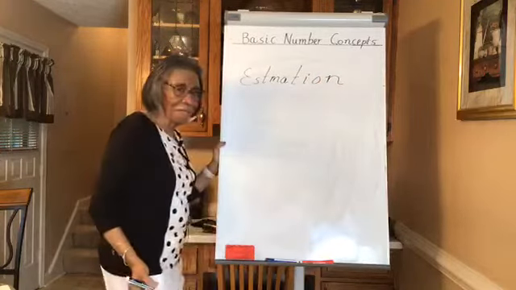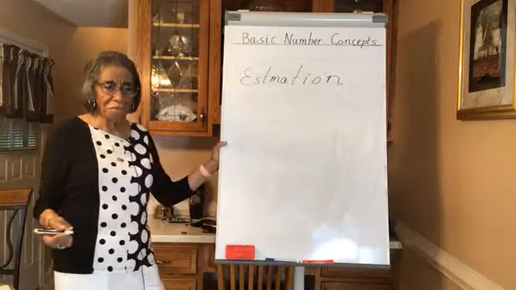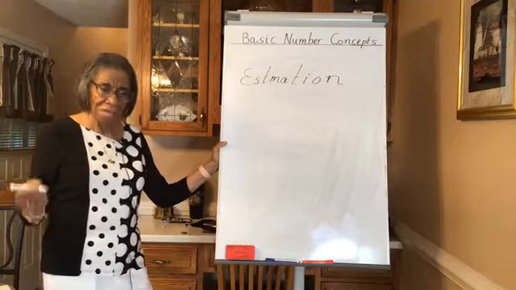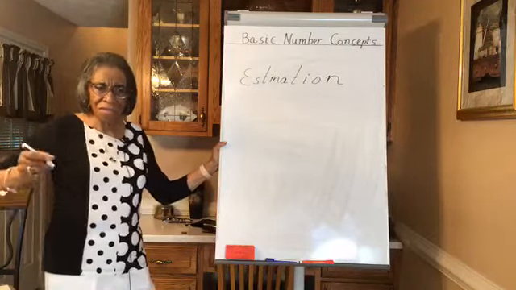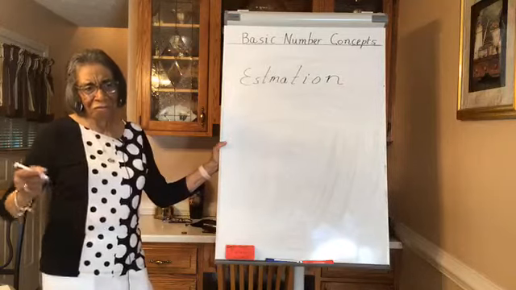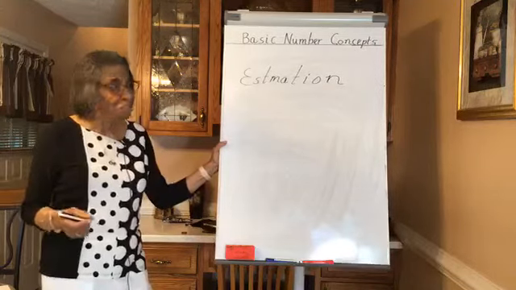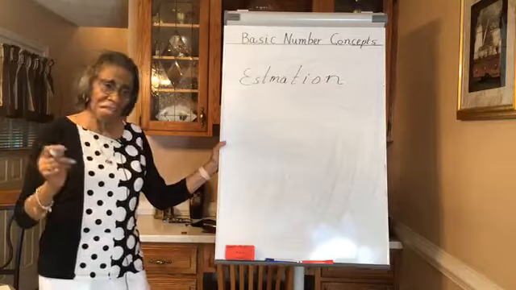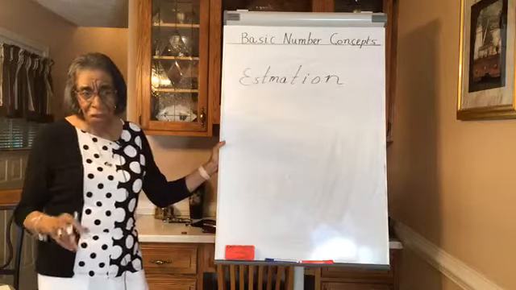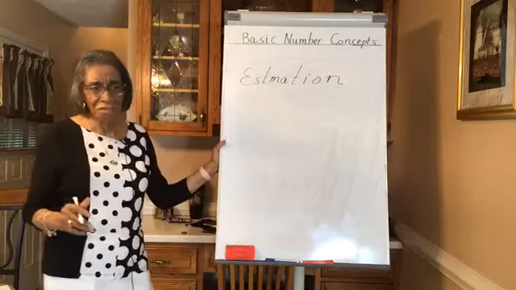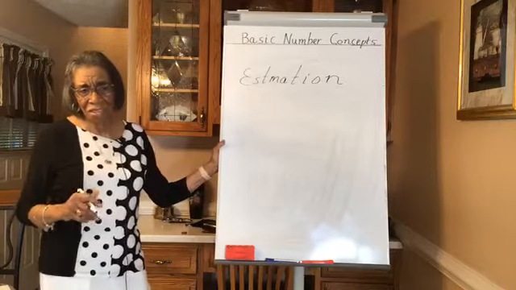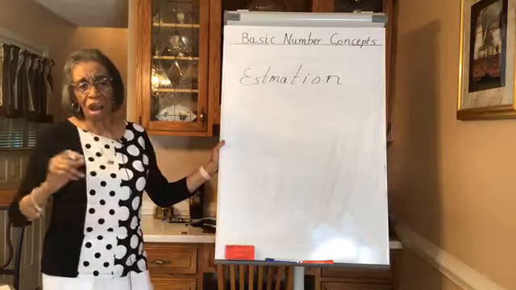If you have a long list of numbers and you want to get a quick idea of how much something's going to cost, or if you're multiplying, dividing, subtracting, and you want a ballpark figure, we use estimation. Estimation deals with rounding a number off.